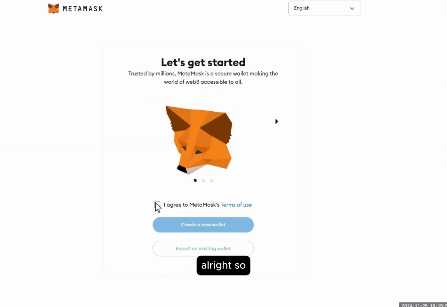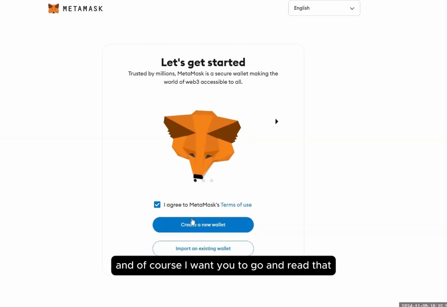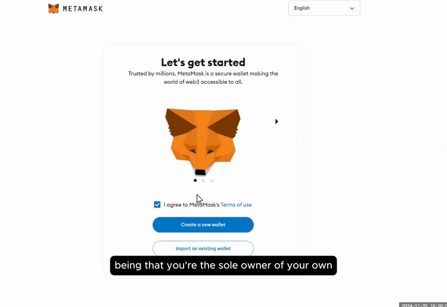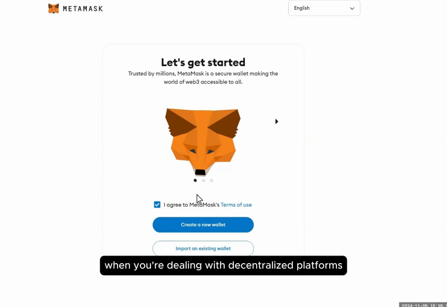All right, so you would click on agree to the MetaMask terms of use. And of course, I want you to go and read that, because in this space right here, being the sole owner of your own private bank, of your own crypto assets, one thing to know is there's no one that you'll be able to call for customer service when you're dealing with decentralized platforms.